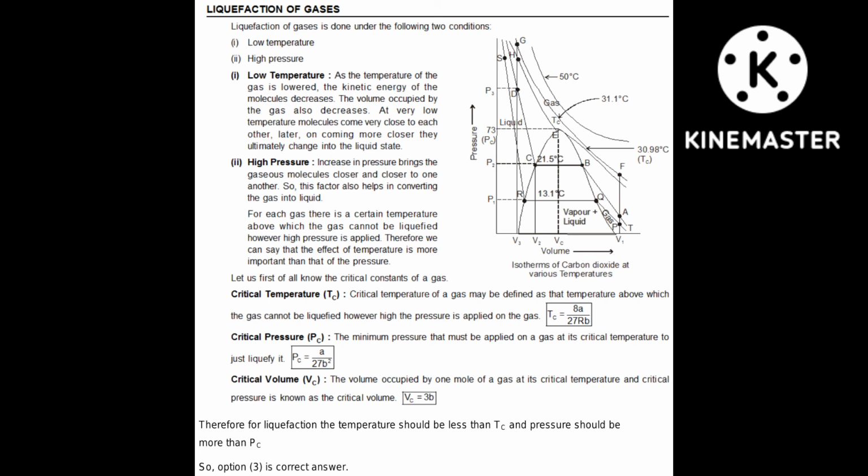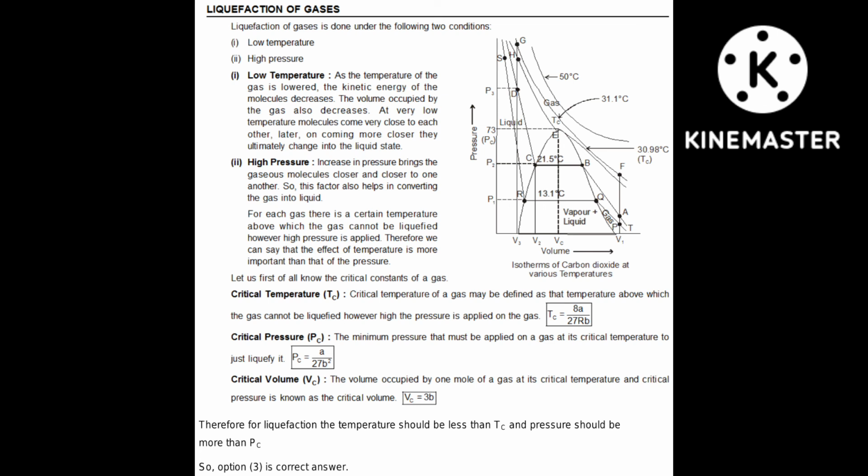Pressure for hydrogen is 12.97, and volume is very small, 0.0650. Helium: temperature 5.3, pressure 2.29, and volume 0.0577.